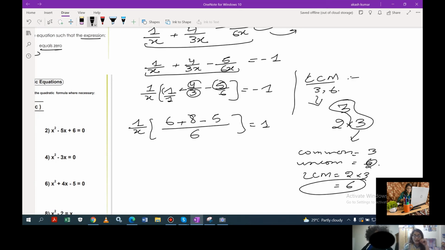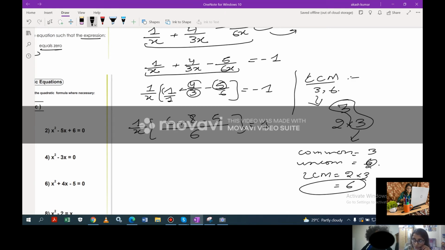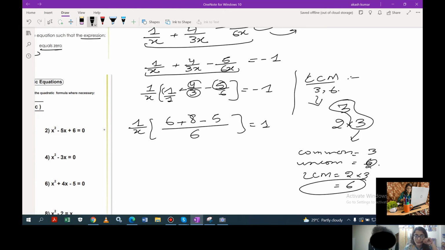Is it clear? We are going to do a session separately on the LCM and the prime factors. Hopefully the next session will be on the LCM. So just for now, just understand what it is.